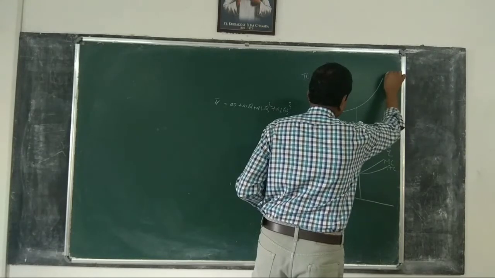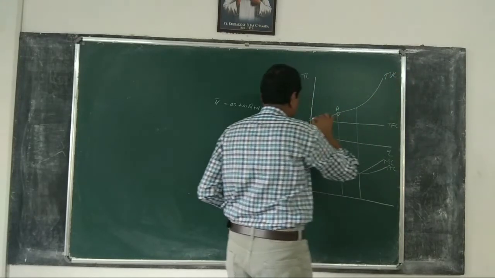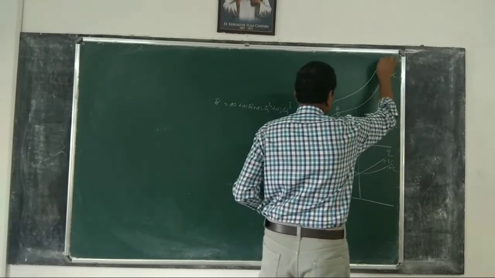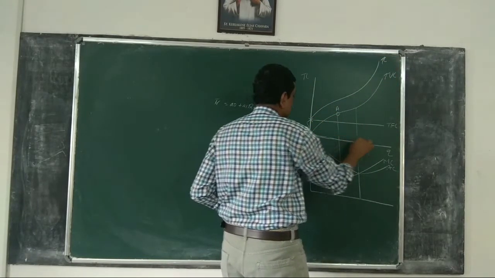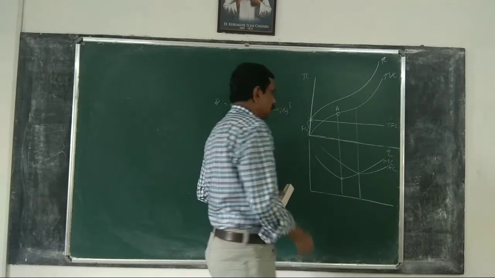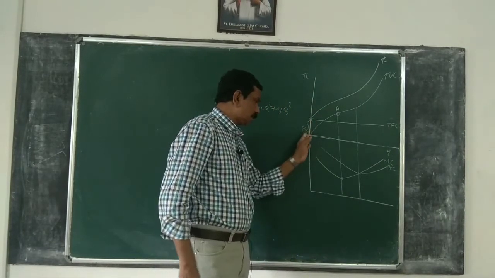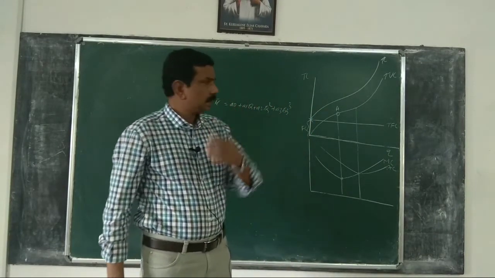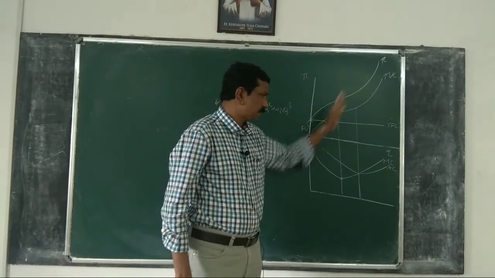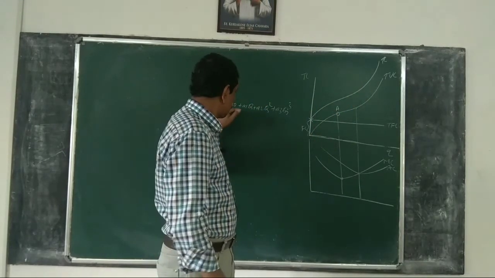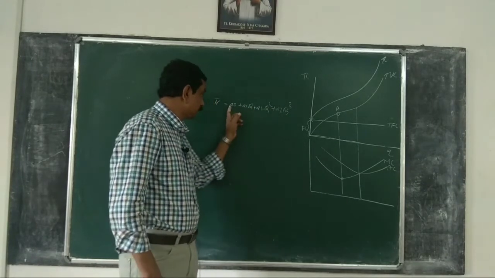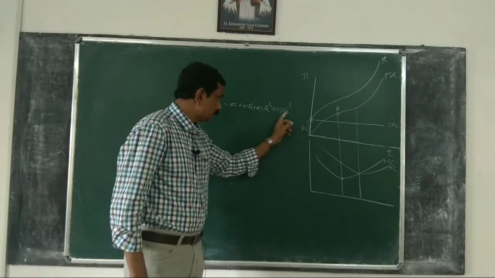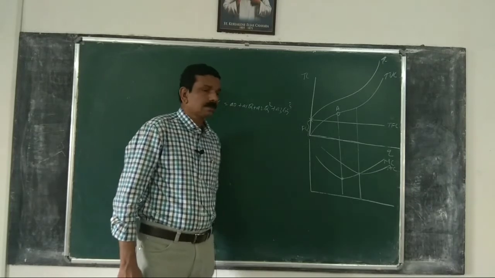Adding together, you will get the total cost. And this distinction is relevant only in the short run. The shape is same, no difference. The standard form of total cost curve is this. This is the fixed cost, and this part is the variable cost.